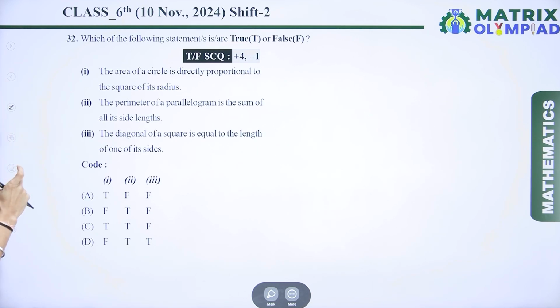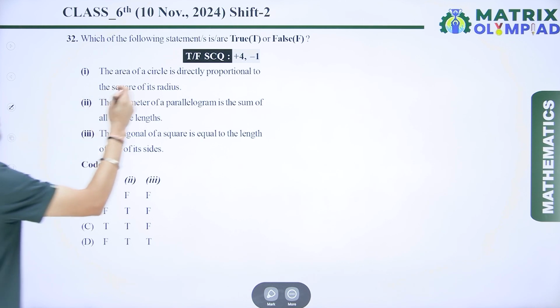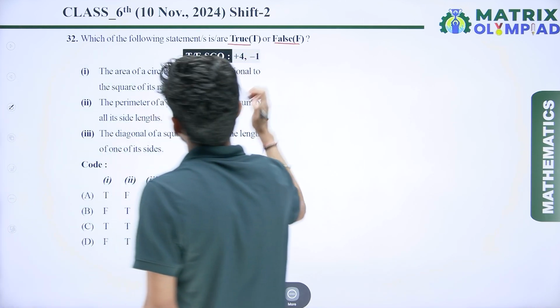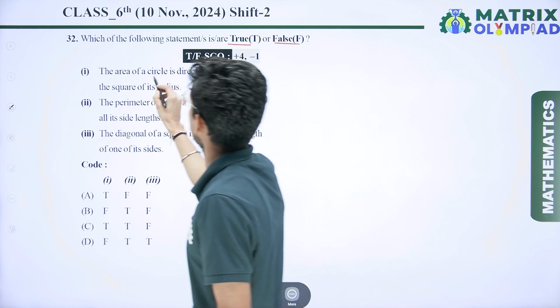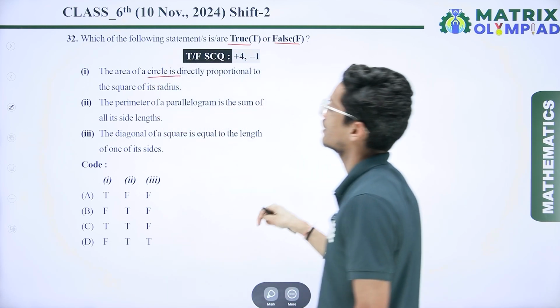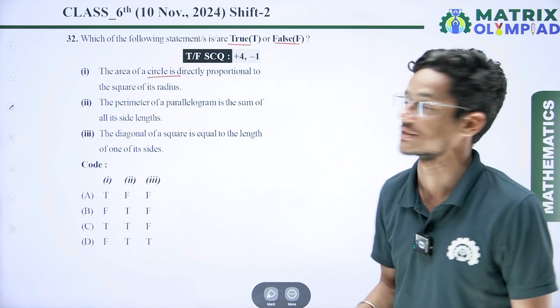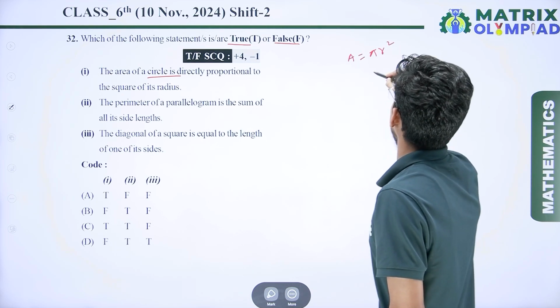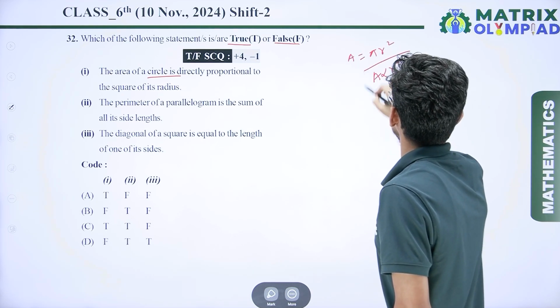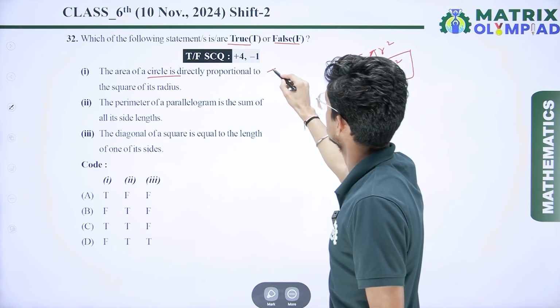So now if I talk about the next question, which of the following statements is true or false. Here we have given three statements. Statement number 1: the area of a circle is directly proportional to the square of its radius. We know the area of a circle is pi r square, and area is directly proportional to the square of the radius. So I can say this one is true.